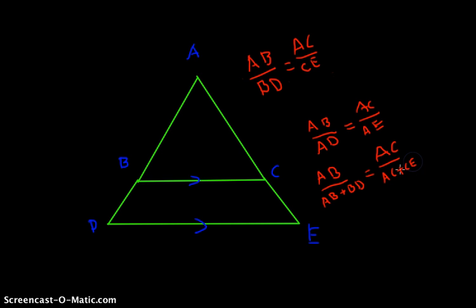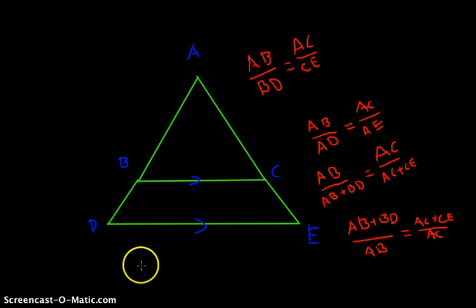Because AE is the same as AC plus CE, since that's the whole length, and it's the same for AD and AB. So now what you're going to do is flip it. So you have AB plus BD over AB equals AC plus CE over AC.